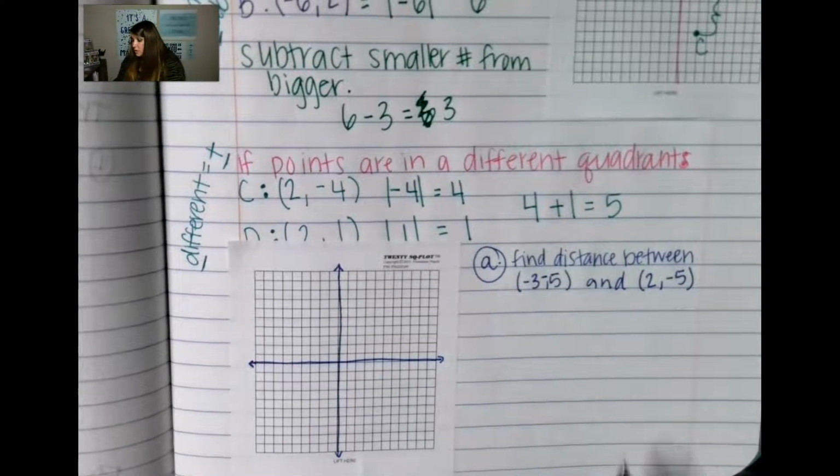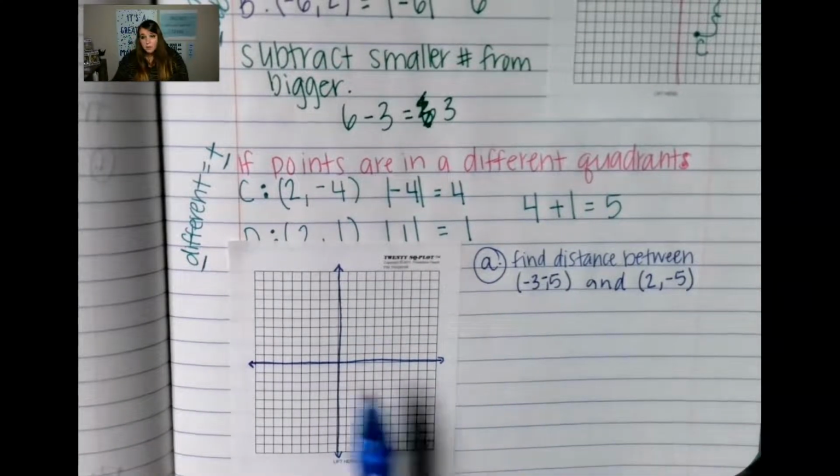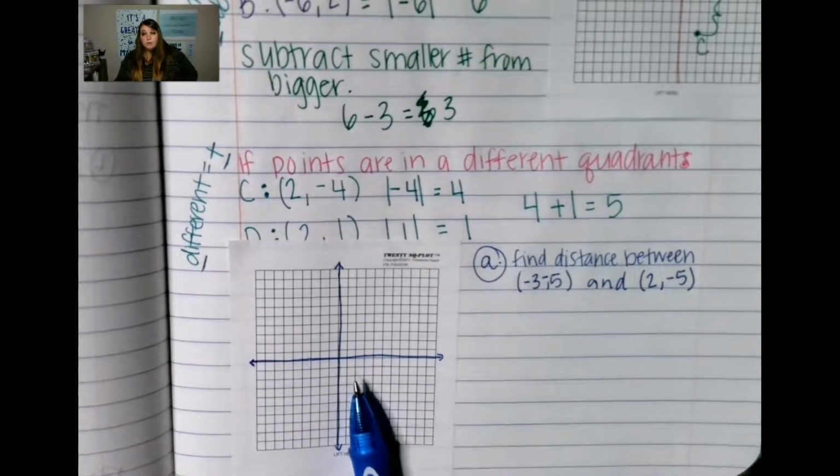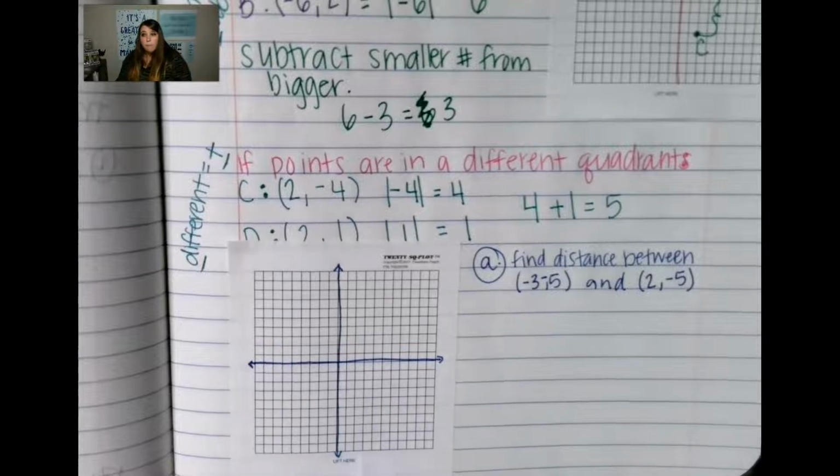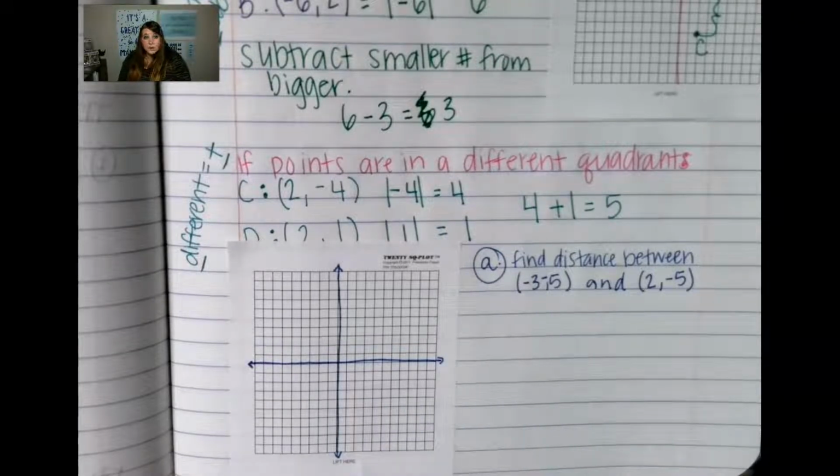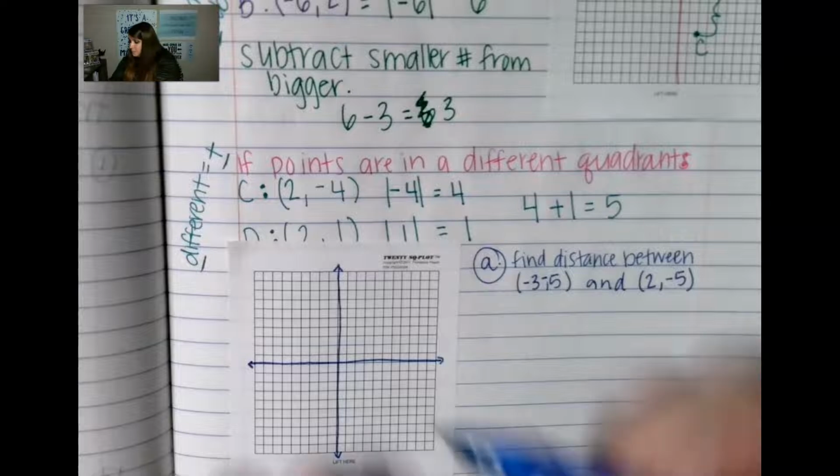Okay, so you could just right away, without looking at the graph, you could find the absolute value. But let's go ahead and determine where these points are.